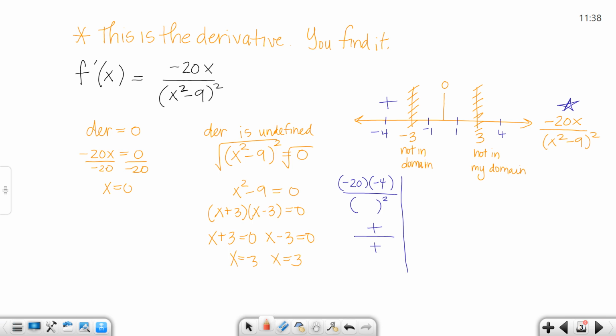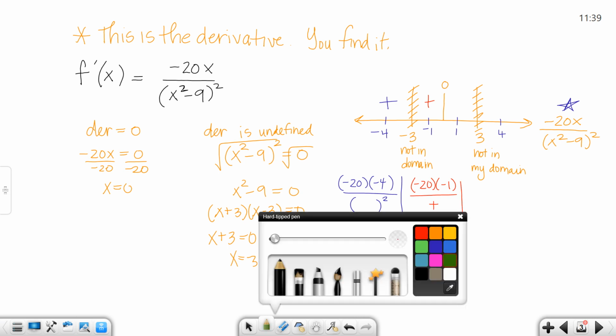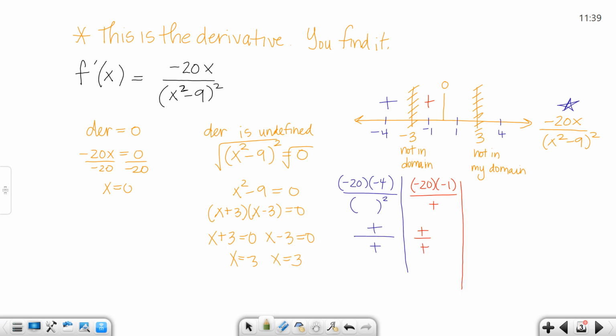Okay, let's try -1. If you plug in -1, you get -20 times -1 over a positive result, because even if you put in a -1, you get something squared, and that would be positive. So this gives you a positive 20 over a positive 1, so this part is also positive. Then we can plug in 1. When I plug in 1, I get -20 times 1.